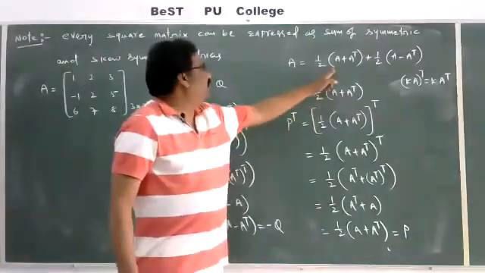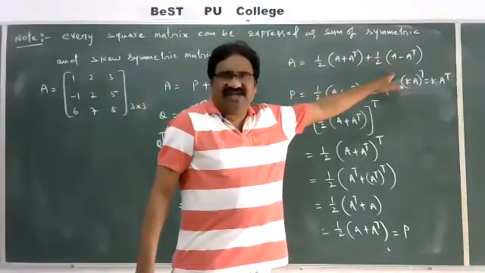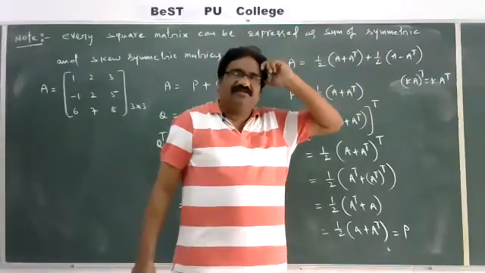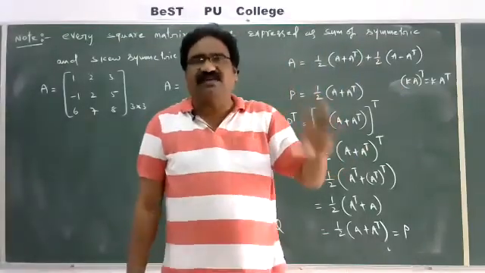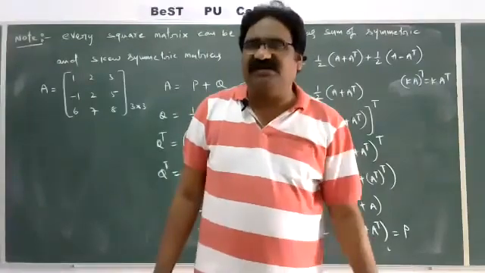P is symmetric and Q is skew symmetric. That's why every square matrix can be expressed as a sum of symmetric and skew symmetric matrices.